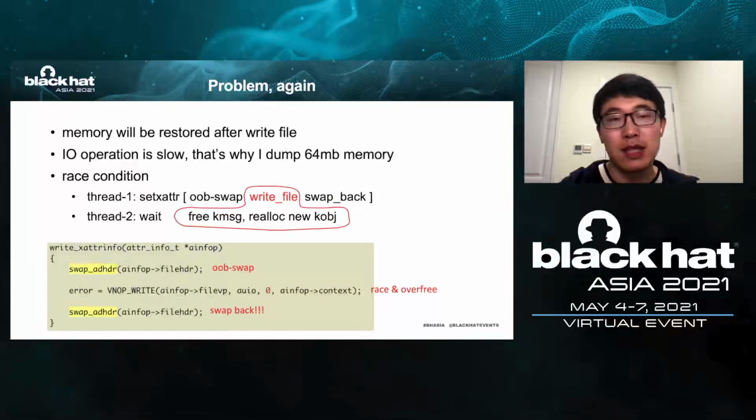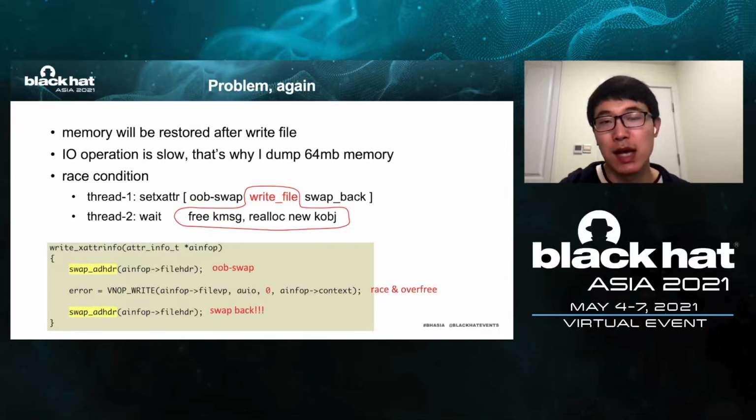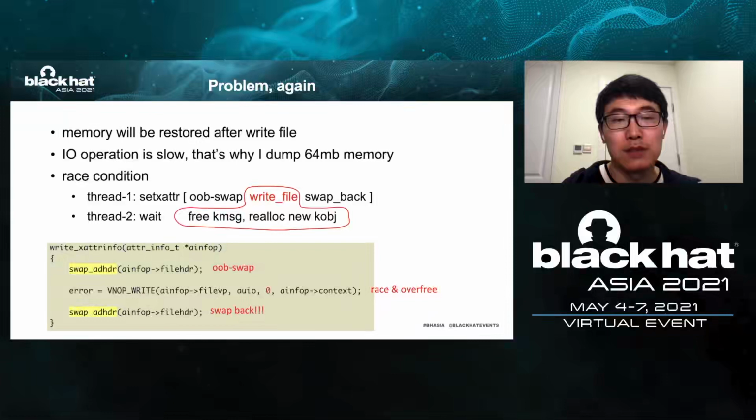Maybe we can do this with a race condition. Let's create two threads. The first thread performs the set XATTR and OOB swap, and the second thread waits for the right moment and destroys the key message, i.e. triggers the overfree. It must be done during the write file stage.